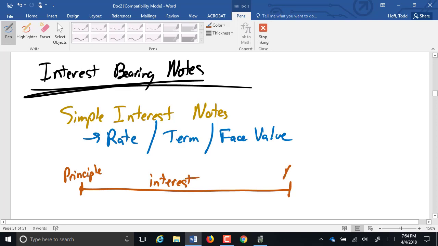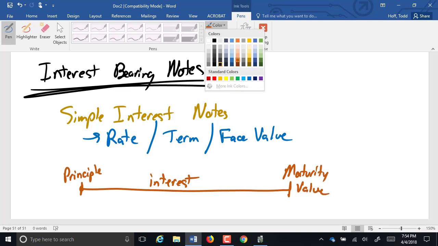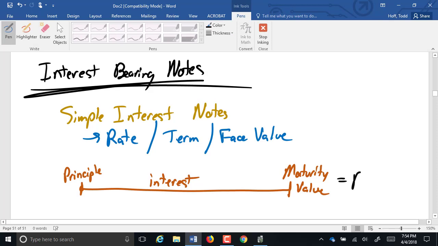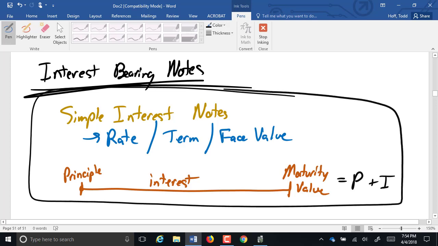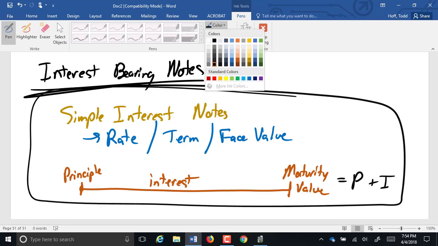And at the end of the loan, there's a maturity value. And that maturity value is simply the principal plus the interest. That's a simple interest note. When we think of interest, that's typically the way we think of it working.